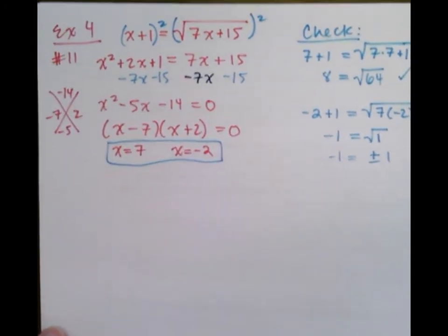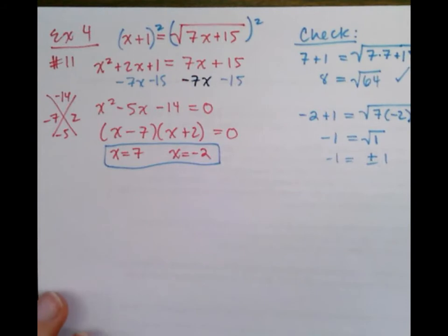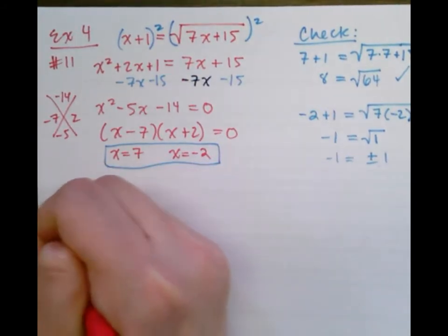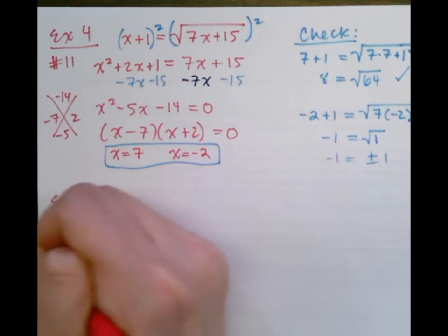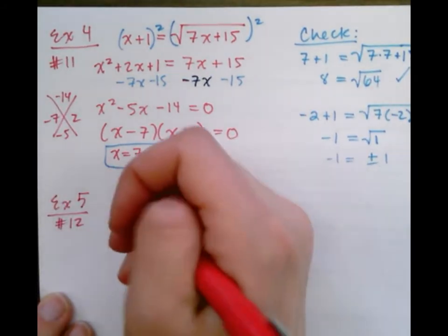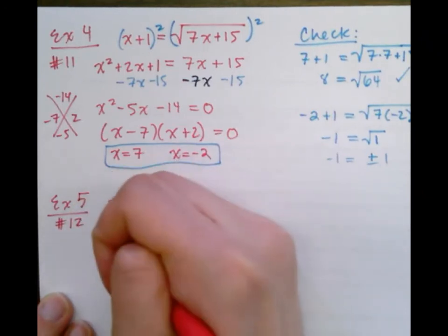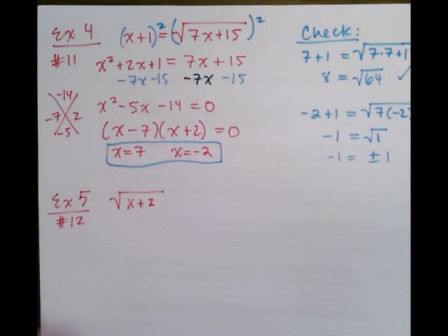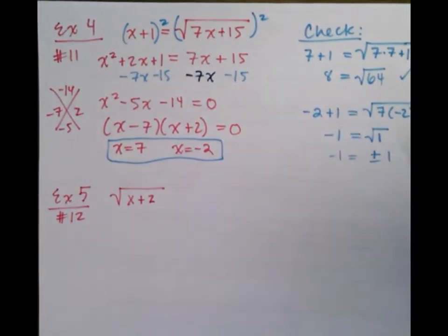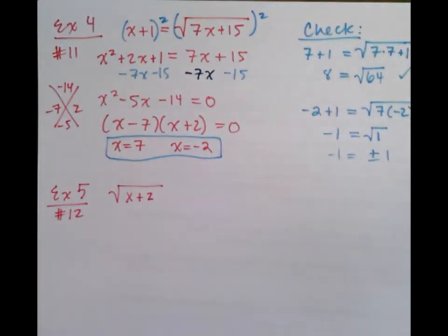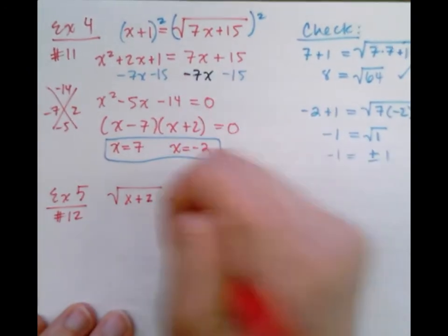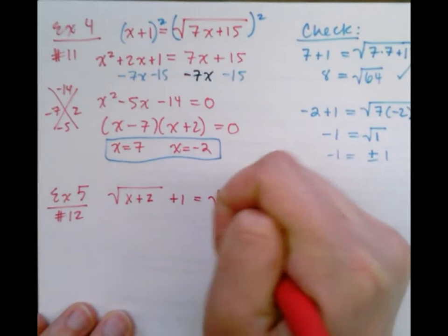Okay, now we have one more example for you, which is number 12 from your worksheet. This is example 5, which is the square root of x + 2, plus 1, is equal to the square root of 3 - x.